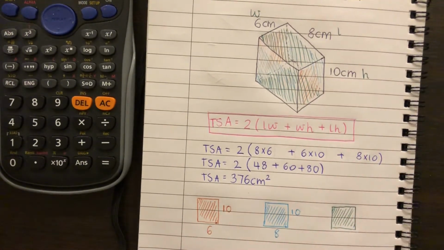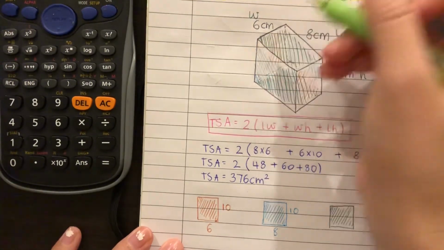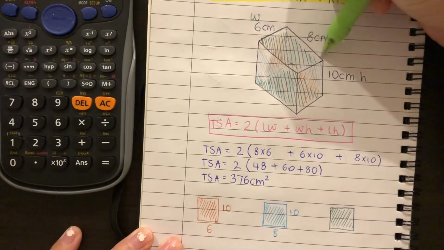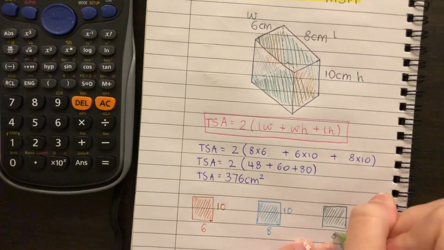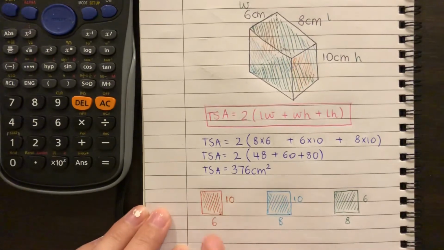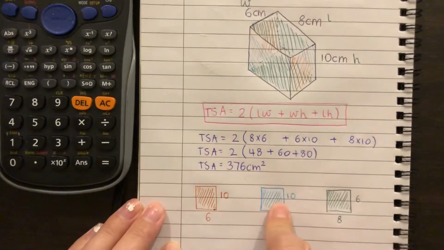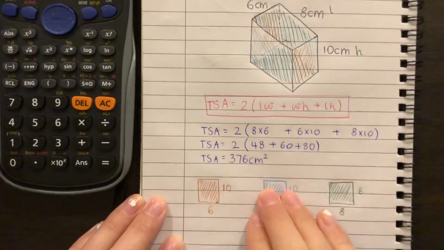And those measurements are 6, which is the width, and 8, which is the length. So now all we need to do is multiply each of these rectangles by 2 because there are 2 lots of each of them.